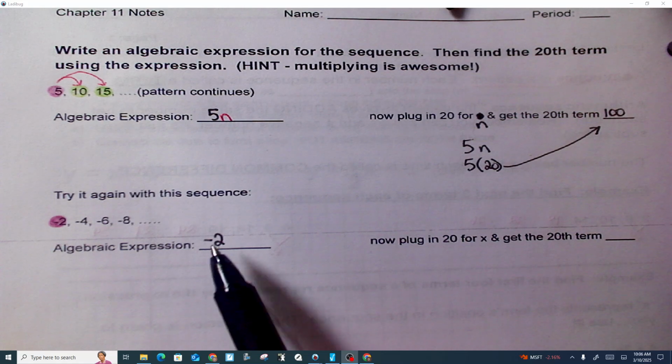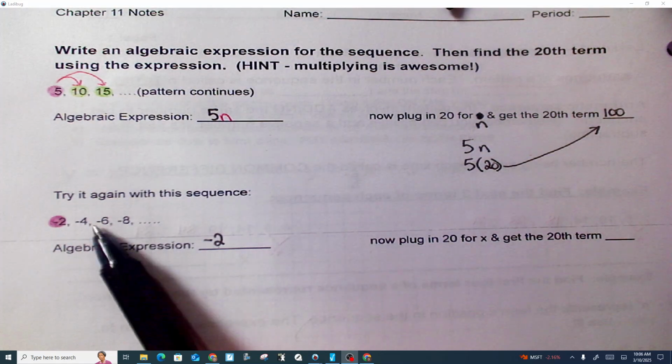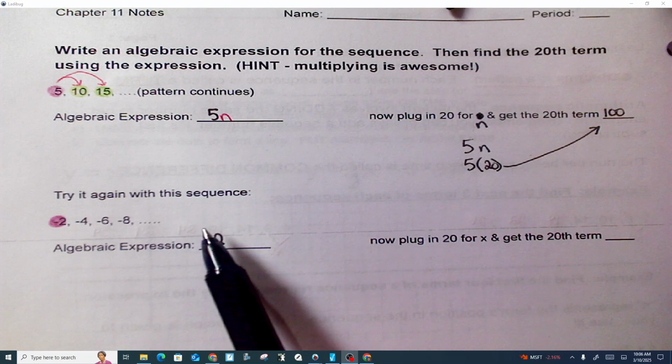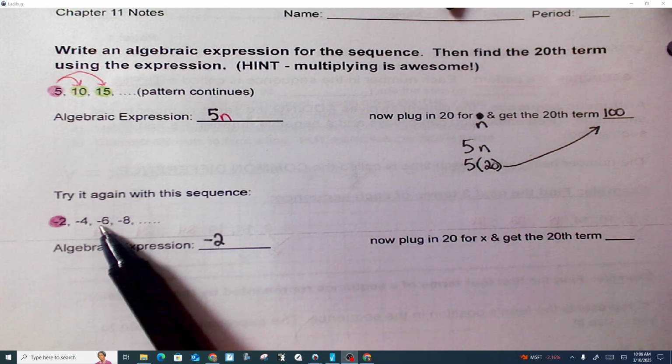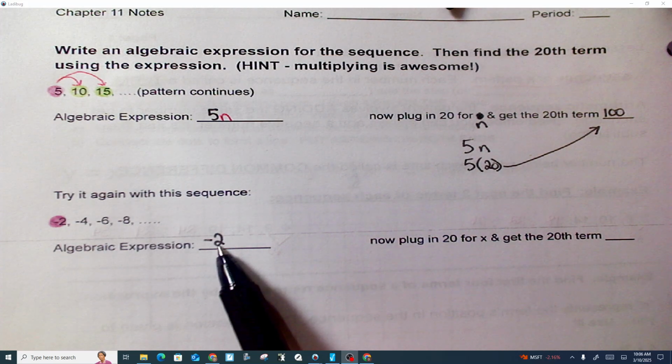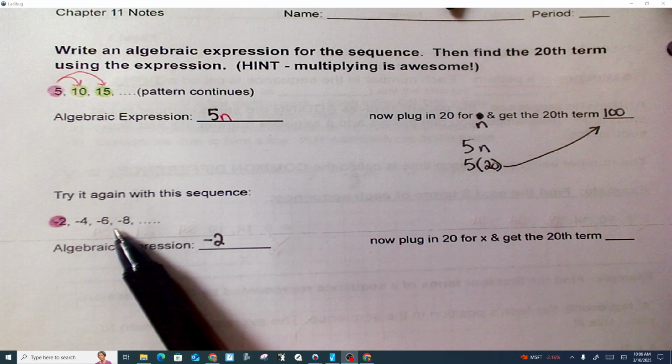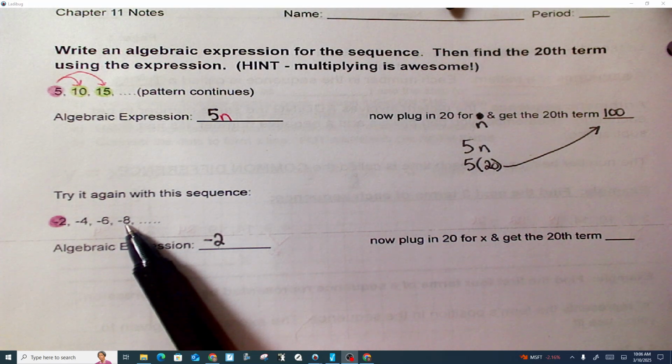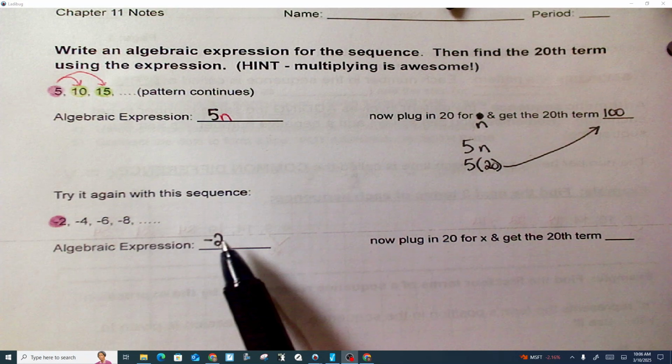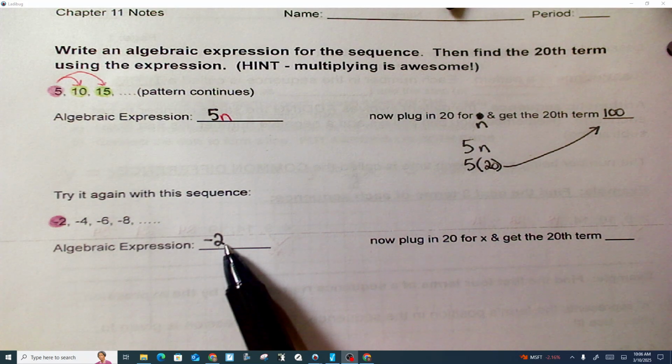Let's see, I could take -2 and times it by 2 to get -4. I could take -2 and times it by 3 to get the third term. I could take -2 and times it by 4 and get the fourth term. So it's going to be -2 times whatever term number that we want.